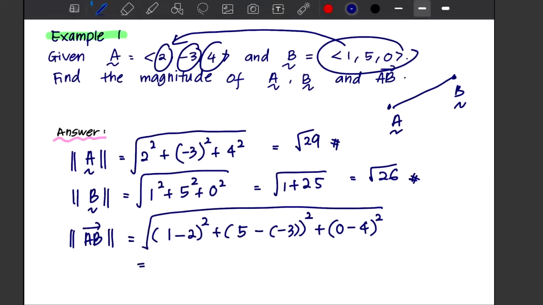And you will get square root of 81, which is 9. So the length from vector A to vector B is equal to 9.